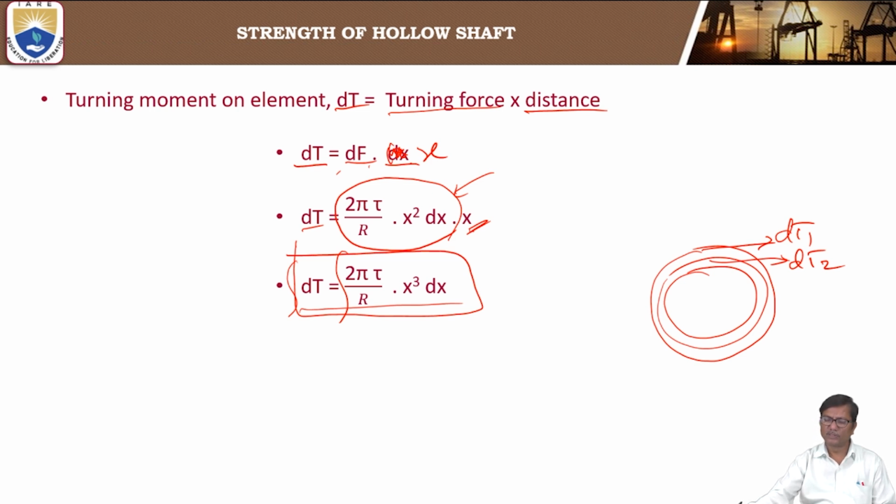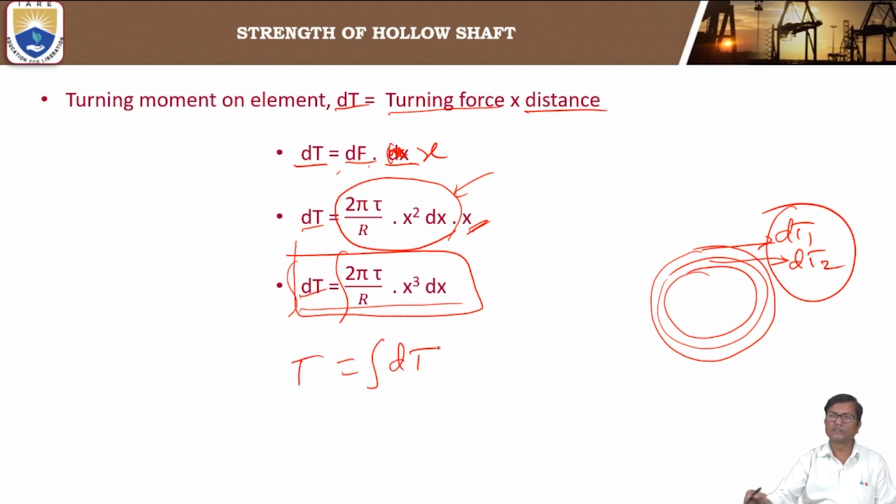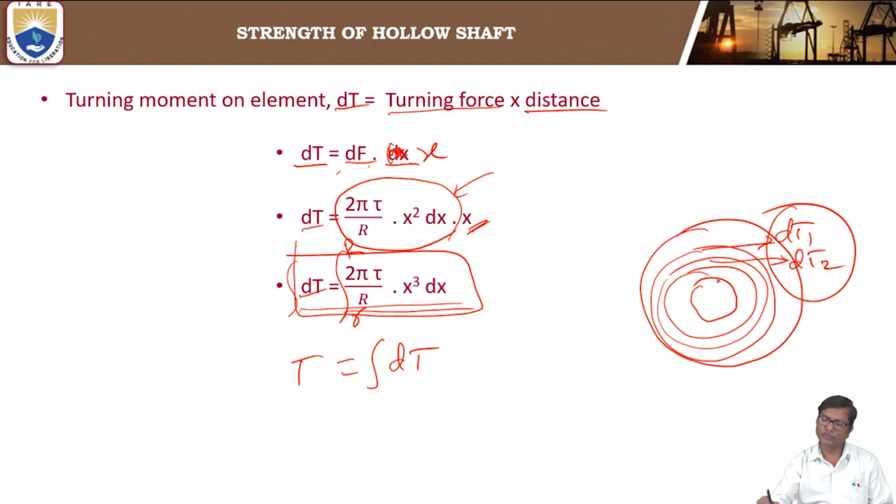The turning moment T is equal to the integral of dT, that is the integral of 2 pi tau by R into x cube dx, and the limits are small r to capital R, because it is a hollow shaft.